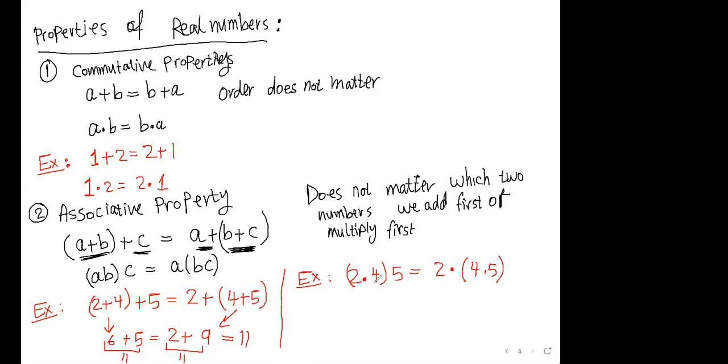Let me make sure. 2 times 4 is 8, times 5 is 40, and 4 times 5 is 20, and 2 times 20 is 40. So the associative property is achieved for multiplication also.